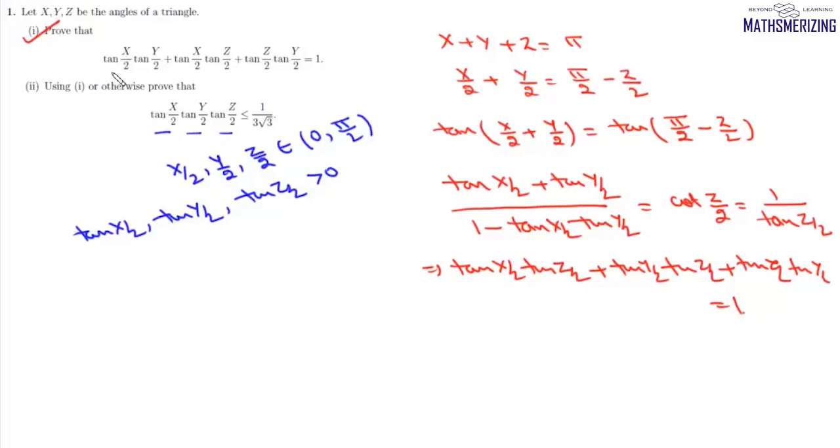Now if we take tan(x/2)tan(y/2) as A, this number as B and this number as C, then the arithmetic mean will always be greater than or equal to the geometric mean.